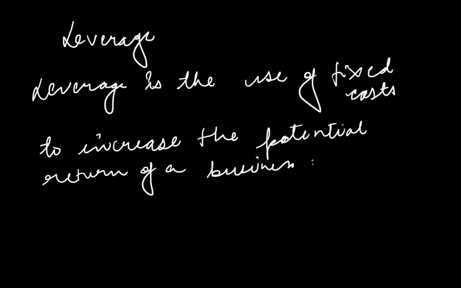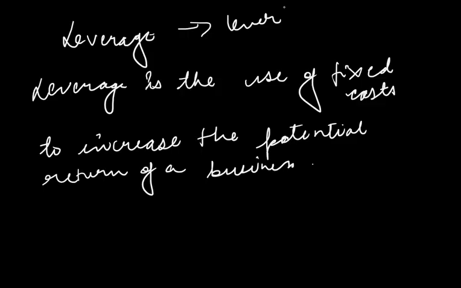Now let's understand it in a simple language. This word leverage has been derived from the word lever. Think about a crowbar used to lift a heavy object. With a small amount of effort you can move something much heavier because the lever increases your force.